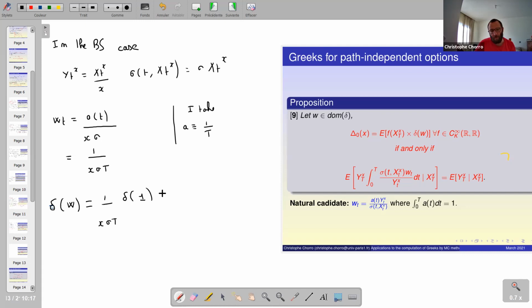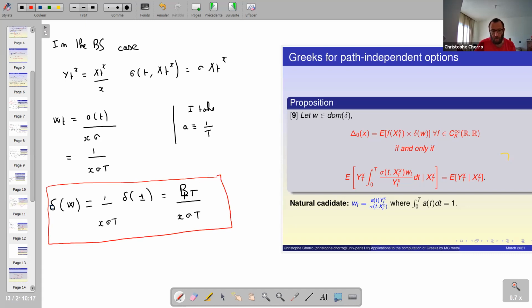And I know that 1 being progressively measurable, this is equal to the stochastic integral of 1 over x sigma capital T. And if you remark what I have obtained here, the weight I obtain for the delta in the case of a payoff of this form is given by this one.